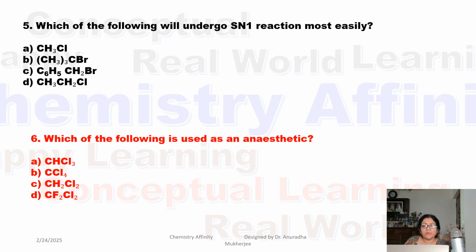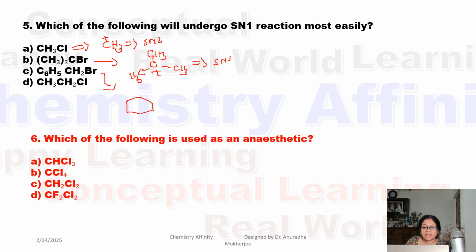Which of the following will undergo SN1 reaction most easily? So from here we can see the first option is methyl chloride, which gives methyl carbocation. It will undergo SN2. Option B will give tertiary carbocation. So stable carbocation, it will undergo SN1. Benzyl bromide gives benzyl carbocation.